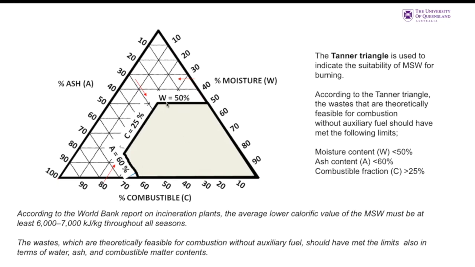So the limits are moisture content lower than 50%, ash content lower than 60%, and combustible fraction higher than 25%. This means that everything that is outside this area in the triangle cannot be combusted without the need of additional auxiliary fuel.